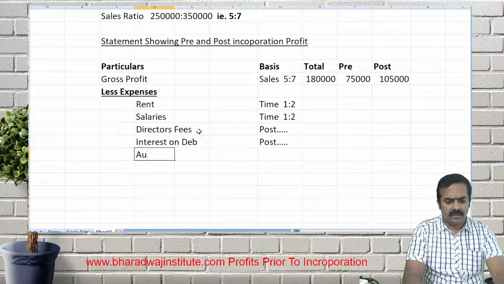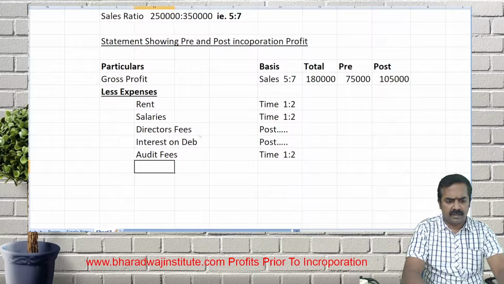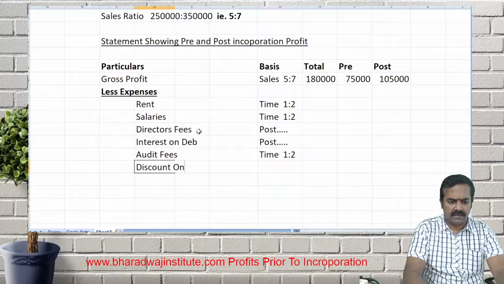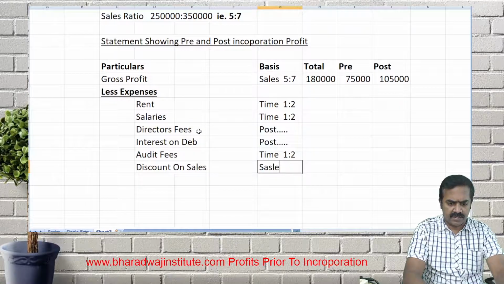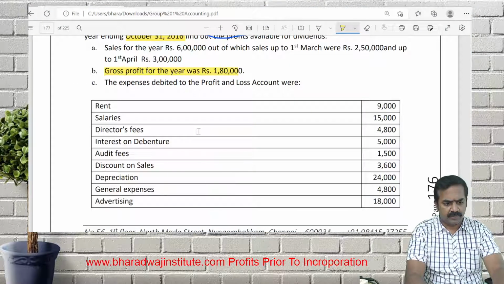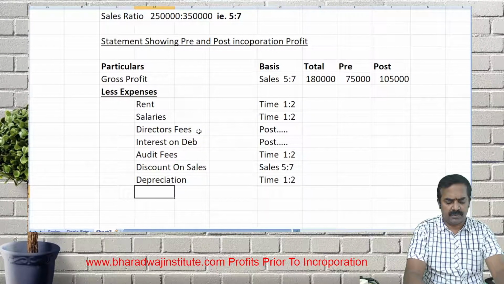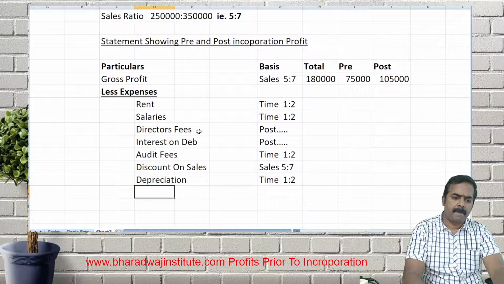Audit fees. Audit fees are apportioned on what basis? Time ratio. Time basis. Then discount on sales, based on sales ratio. What is the sales ratio? 5:7. Then depreciation, time ratio. Next, advertising, sales ratio.